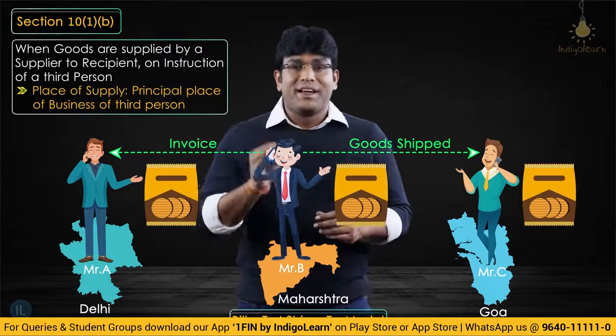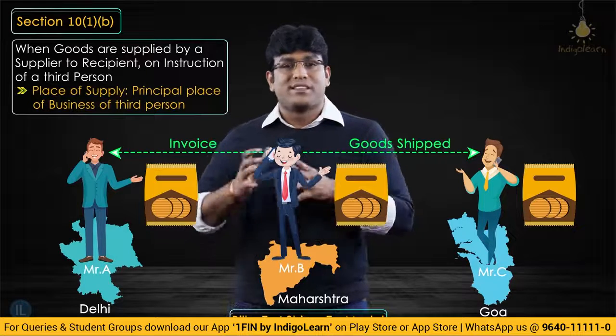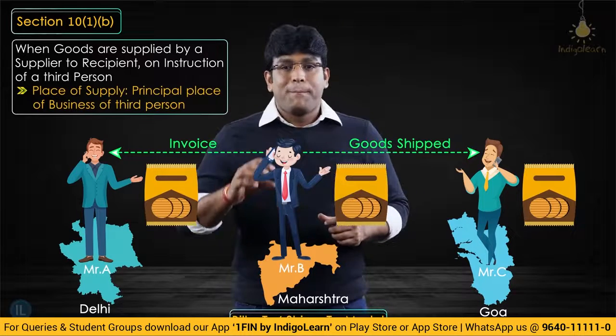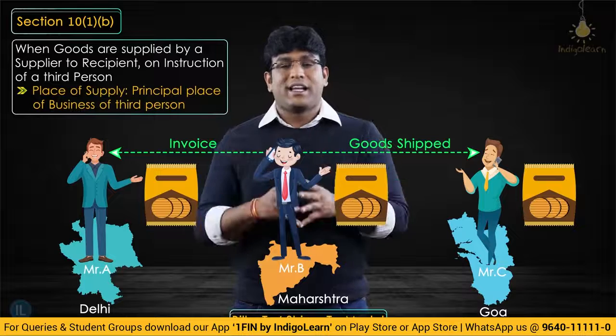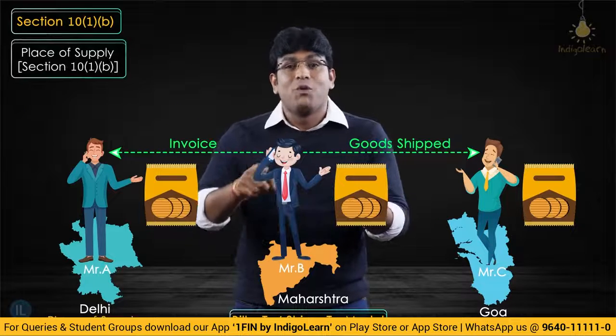That means when Mr. B of Maharashtra is supplying goods to Mr. C of Goa on the instructions of Mr. A of Delhi, place of supply for this transaction will be Delhi. It will not be Goa.